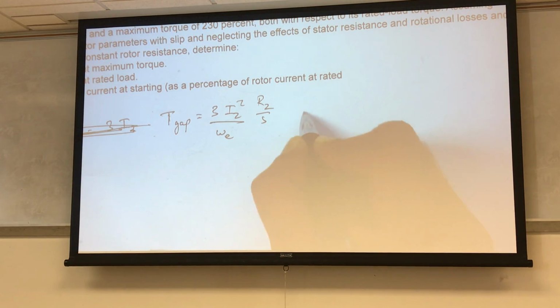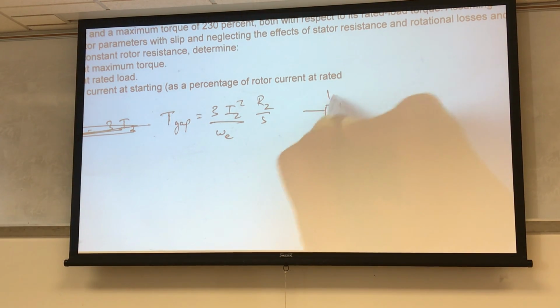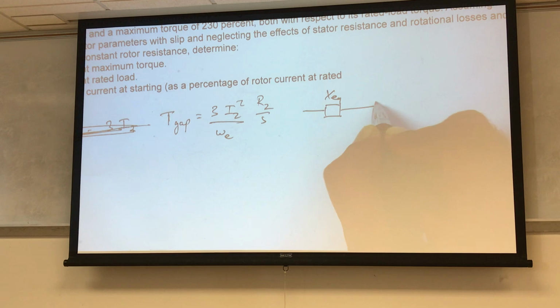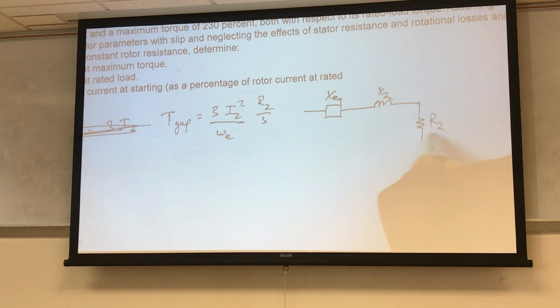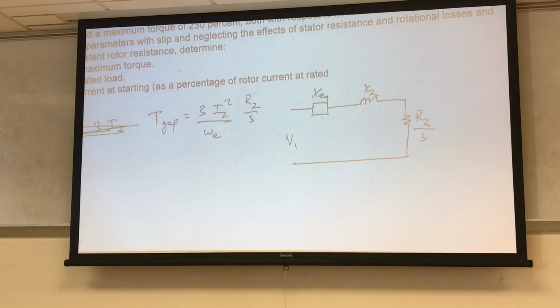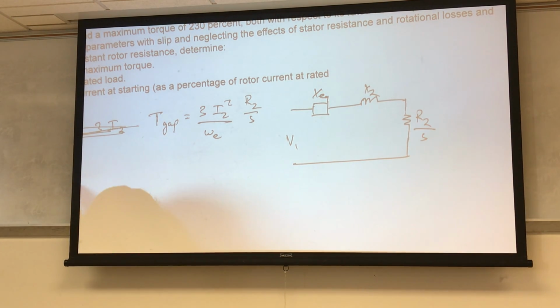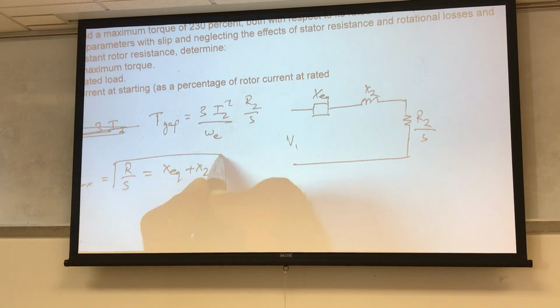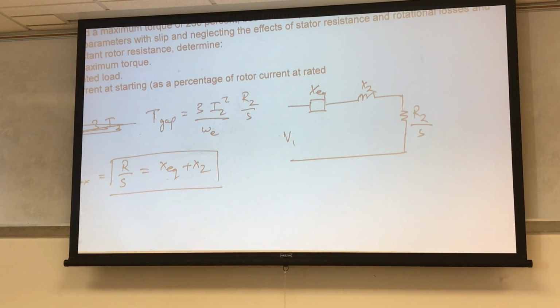So you have X equivalent, and this is X2, and this is R2 over S. This is V1. So maximum torque will be when R2 over S equals X equivalent plus X2. So this is when you find the maximum torque.